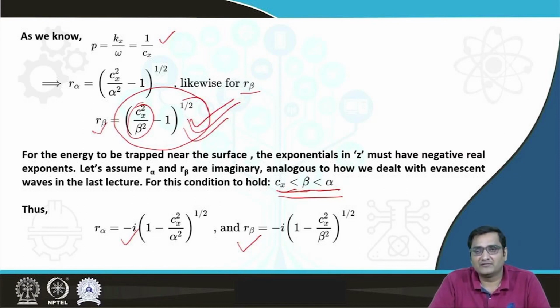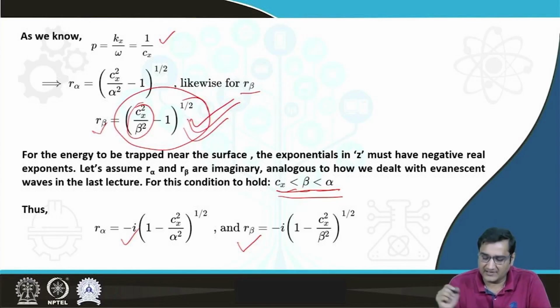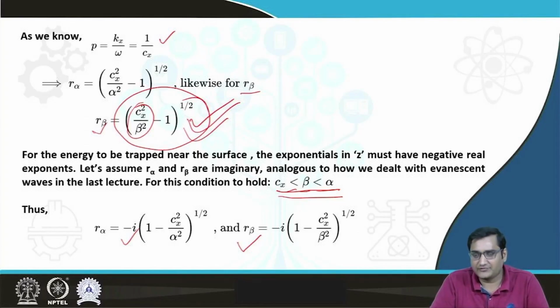This is the condition we assumed for the evanescent wave in the last lecture, when we derived that the transmitted wave decays with depth. For that purpose we considered that the apparent horizontal velocity should be less than the shear wave velocity, which is obviously less than the p wave velocity.